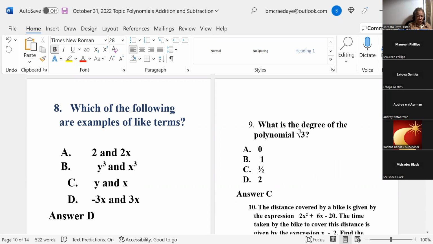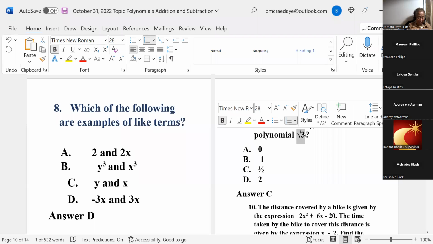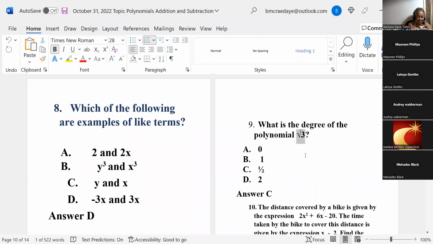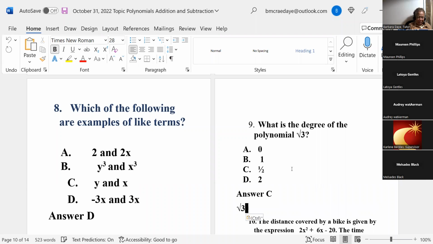Just remember, when you see that radical, that means raised to the 1/2 power. Let me just put it here. Square root of 3.